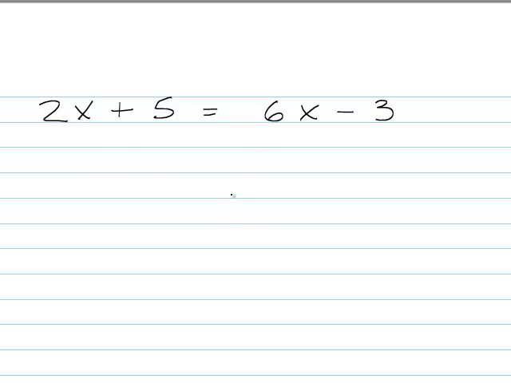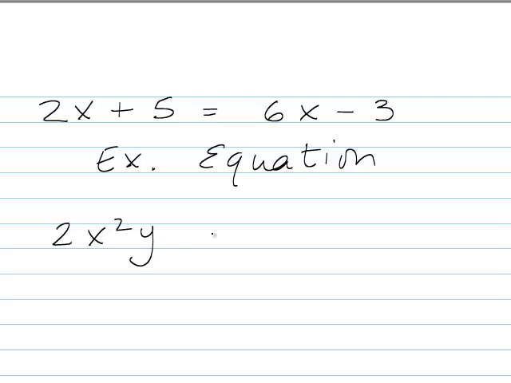Two expressions equal to each other. This is an equation, an example of an equation. If we have just 2x squared y plus 3xy minus 5, this is an example of an expression.